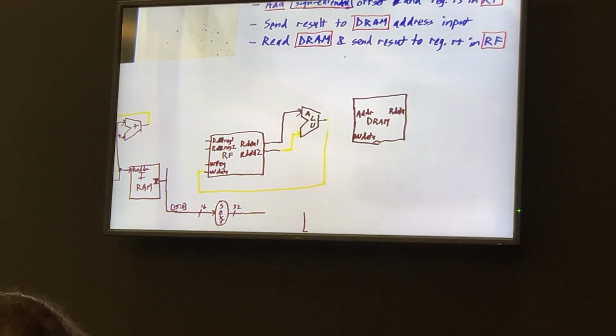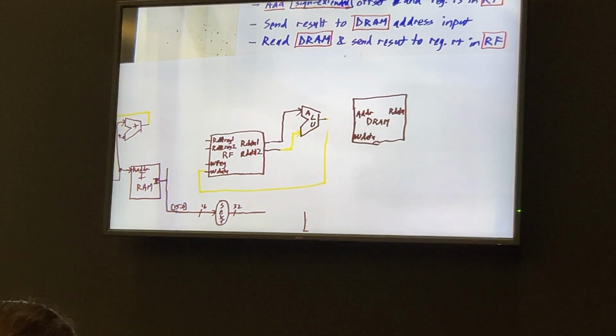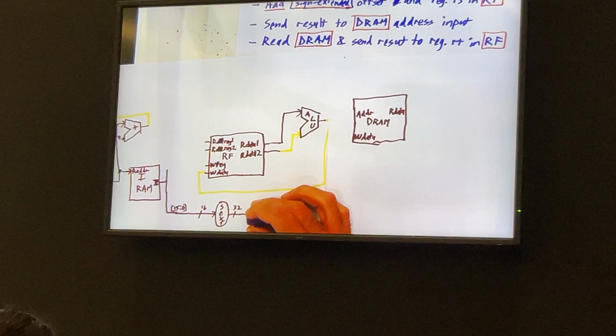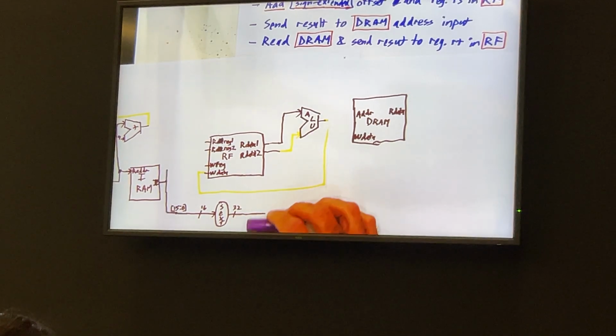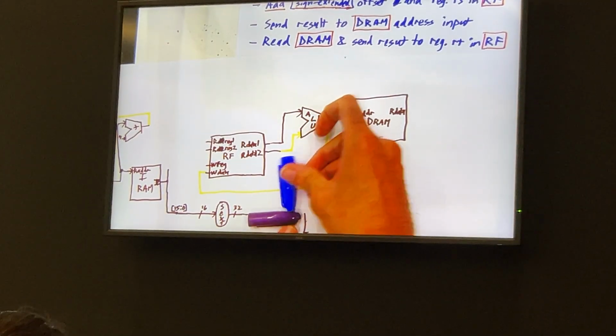If you remember, this one has to go into here. So what we can do is, I don't want to mark this up because I'm going to erase it later, you can make a line like this, and we can make another line like this, and connect that.